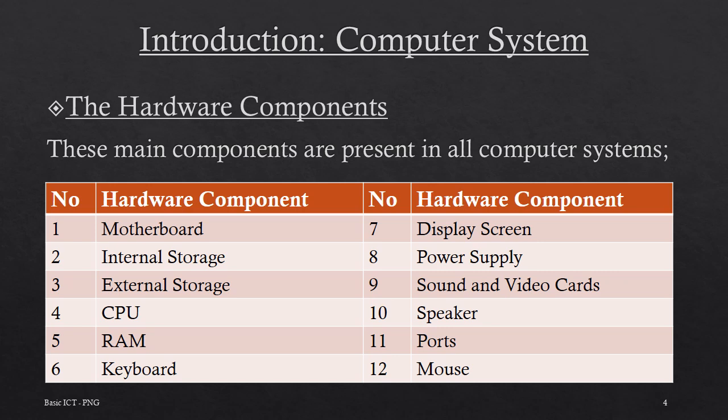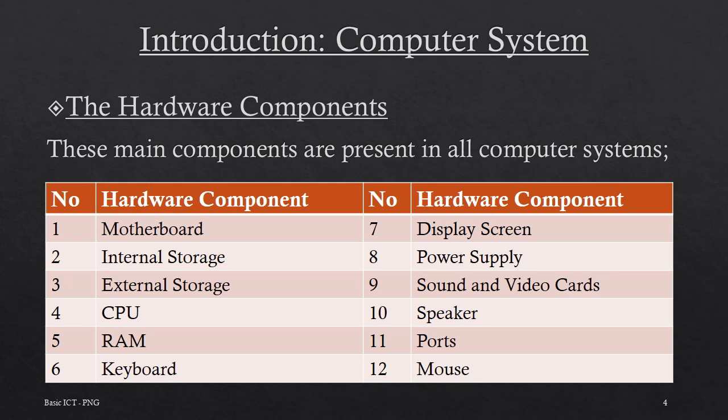All computers have a motherboard. Two, they also have internal storage, and they may have external storage. Computers also have CPU, RAM, keyboard, display screen, power supply, sound and video cards, speaker, ports, and mouse.